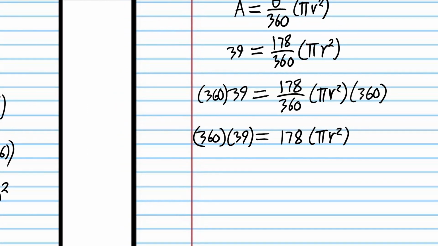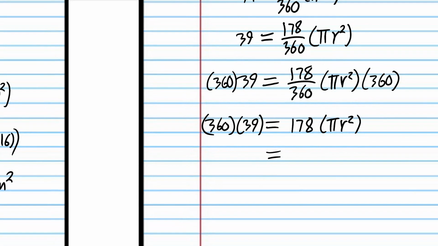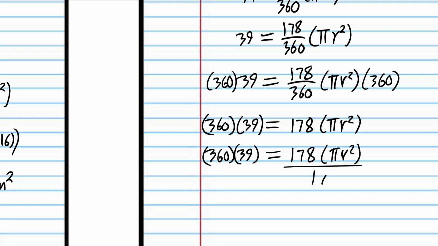All right, so now, I forgot, we're looking for pi r squared. So now we're going to take that and we're just going to divide out the 178 and isolate pi r squared, and then we're going to be done.